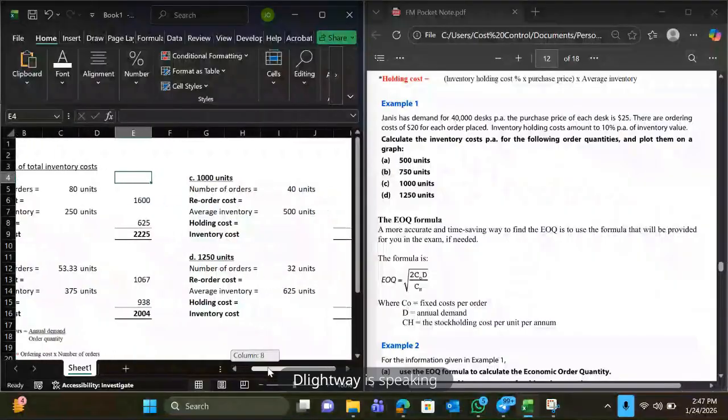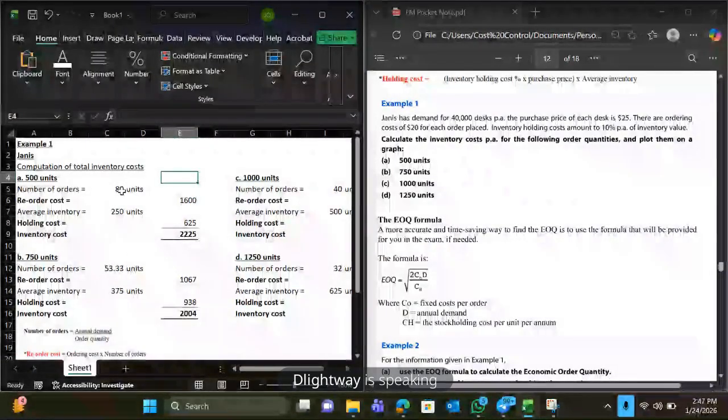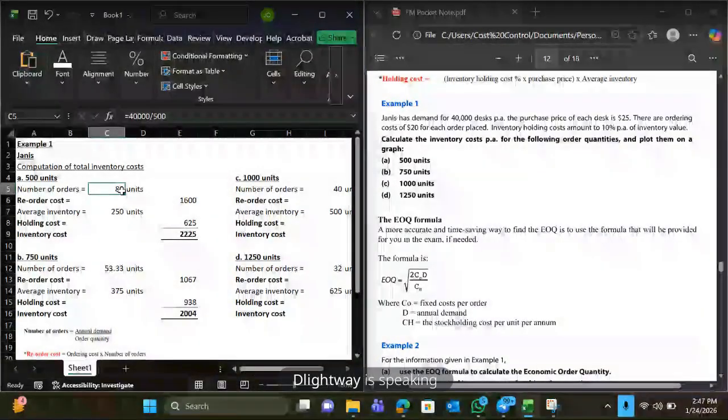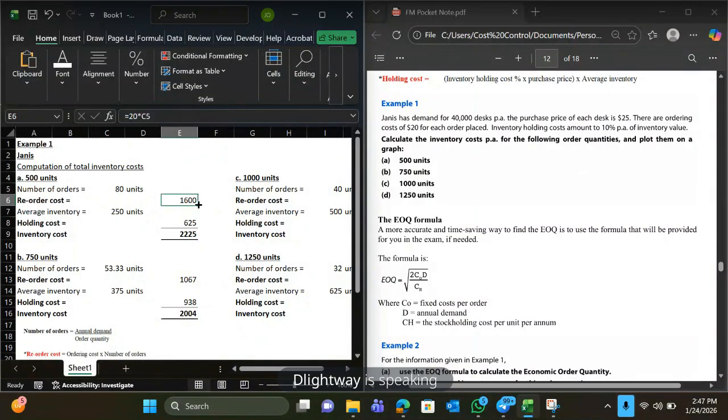So I was explaining something. I said the higher the order, the higher the inventory cost. Sorry, the reorder cost. See, 80 were ordered here for these 500 units. We had a reorder cost of 1.6. Now, because they ordered less for this, they ordered 53 units, you will see that the reorder cost reduced compared to what we had here when it was 80 units.